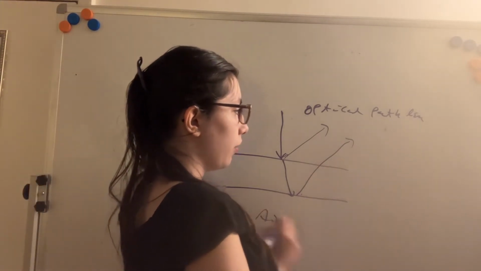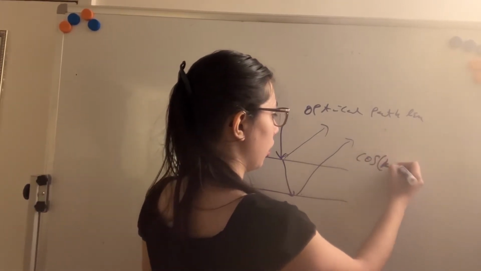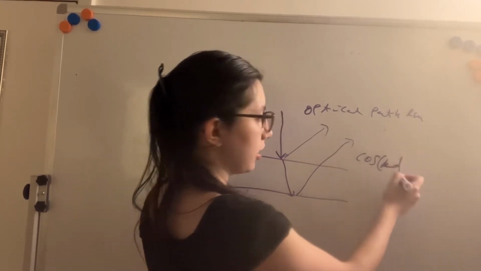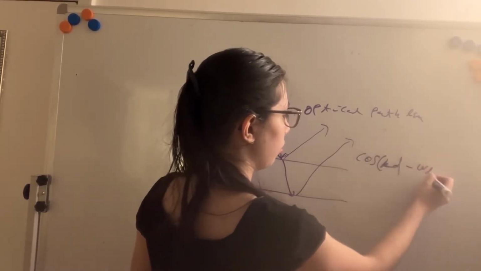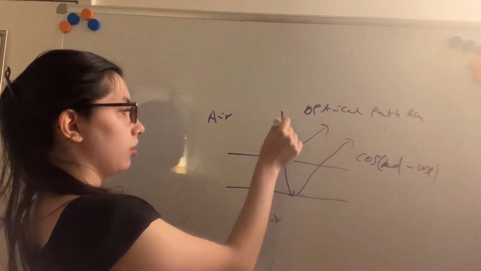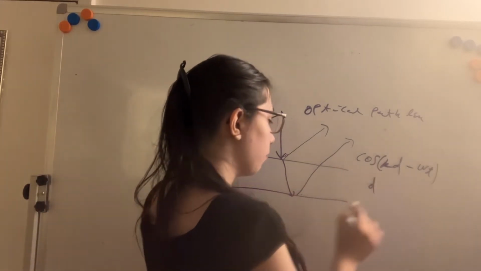So if we have the wave something like cosine of kx, or kd, of distance traveled, minus omega t. If this is in the air, the wave traveled a distance d.